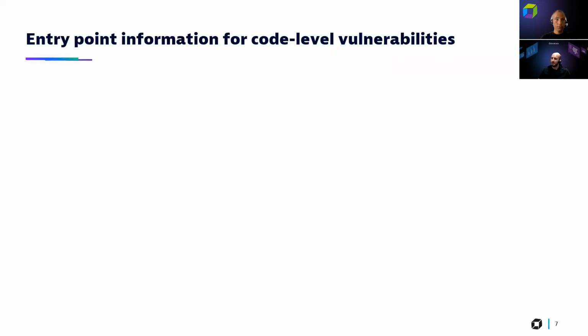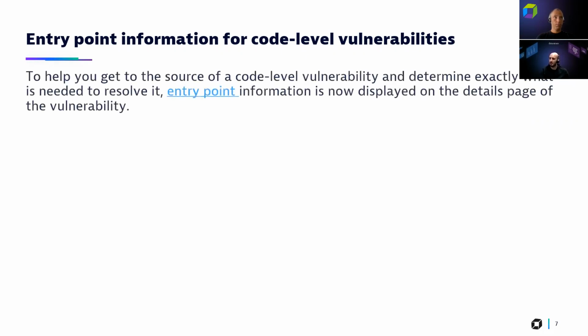So starting with the new features sections, on the top right of the page, you are going to see the category of each section. Now we are starting with AppSec, application security, new updates. And here the first one is the entry point information for code-level vulnerabilities.